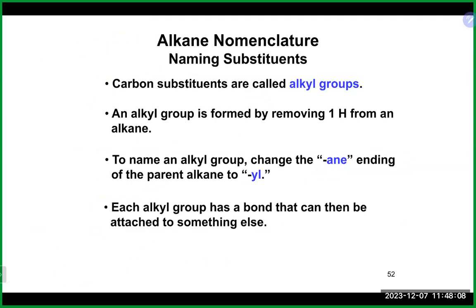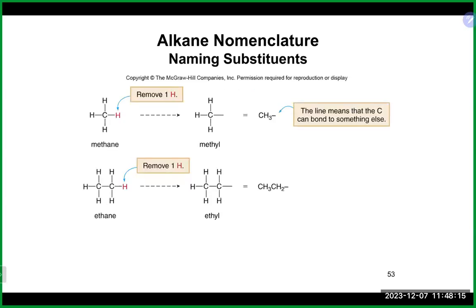So again, those alkyl groups are really our alkanes minus that one hydrogen, and we do put the YL on it, as we can see here and as we talked about. That's methane, has no way to attach in because it has 4 bonds. So by losing that hydrogen it gives it a place to attach and becomes a methyl group. Same thing here with our ethane.